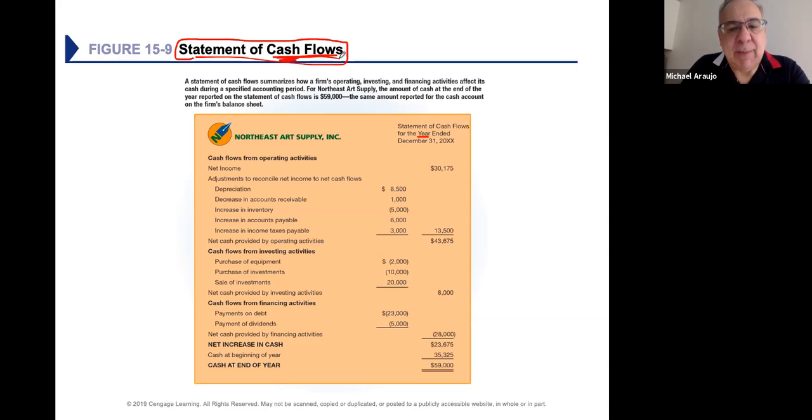So cash flow statements look at specific uses and sources of cash for a company. And those come from three different types of activities: operating activities, investing activities, and financing activities really are the sources and uses of cash.